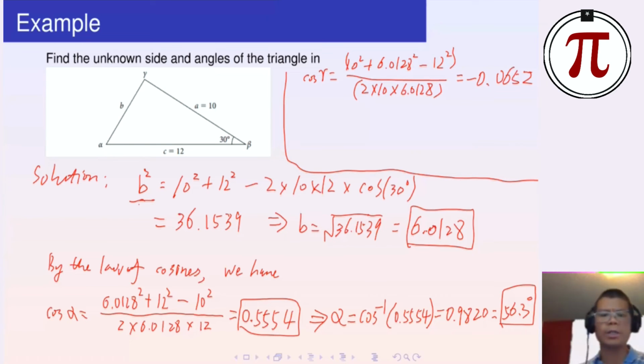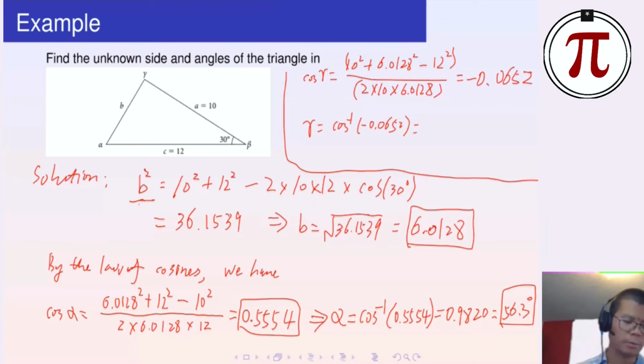Cosine gamma equals this one. Then what is gamma? Inverse cosine of negative 0.0652. This one equals 1.6360.